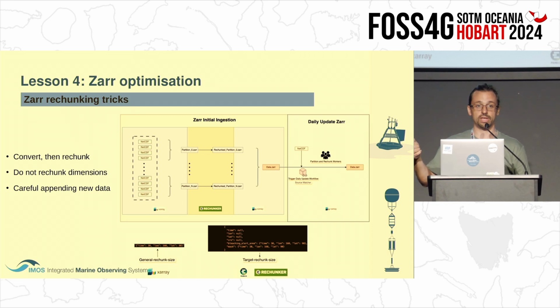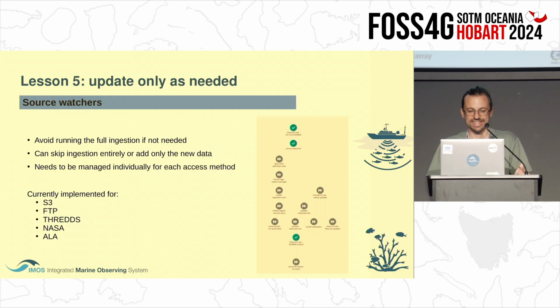A new day comes in, you need to add it to the last chunk. You don't create a new one. So you need to reprocess the last file and add the new day in. There will be a lot to say about this, but the main idea is just be careful.